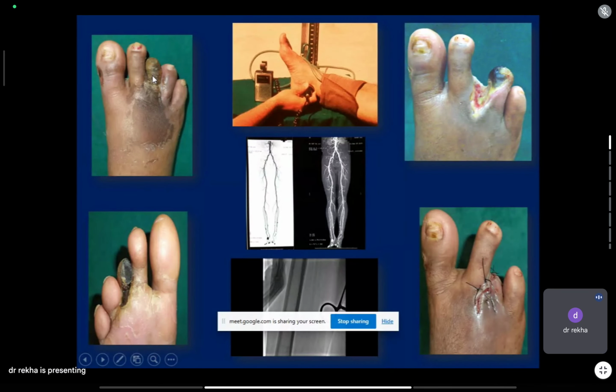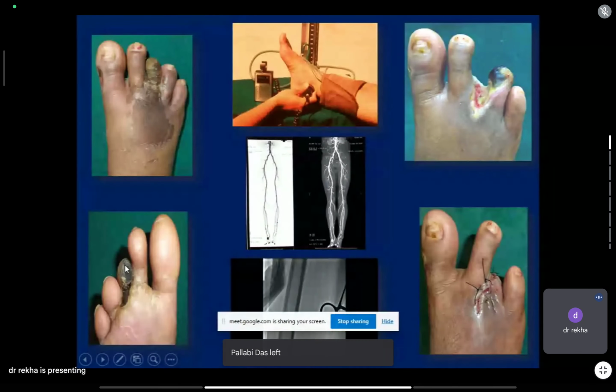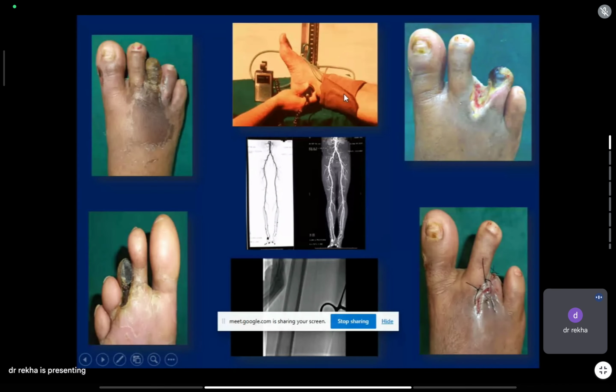So this is again a very complicated case. The patient is coming with gangrene of the middle toe, and you can see complete blackening of the toe. After evaluation we found that there is gangrene and there is no flow. After angiography, you can see this is the angiography, and after angioplasty amputation was done, and again there is a blackening.